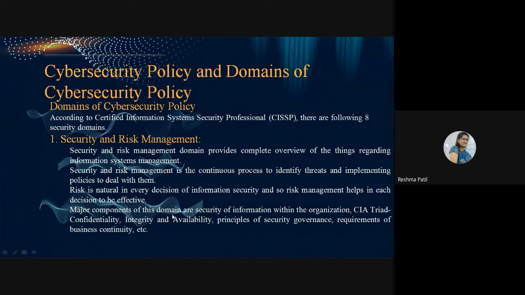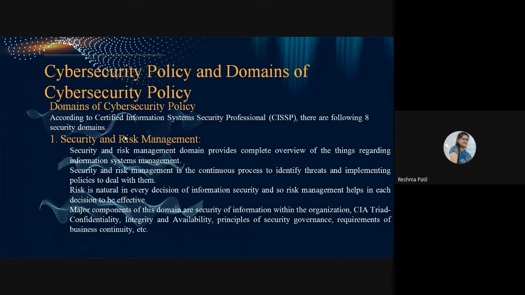The major components of this domain are security of information within the organization, the CIA triad: confidentiality, integrity, availability, principles of security governance, and requirements of business continuity. These are the major components of this domain. You will learn about them under security and risk management.